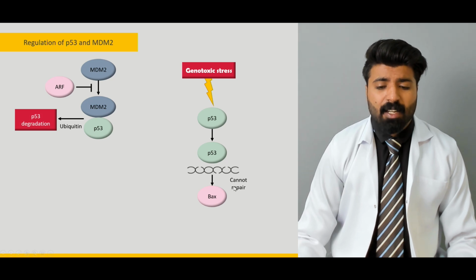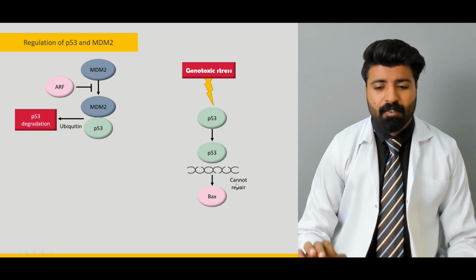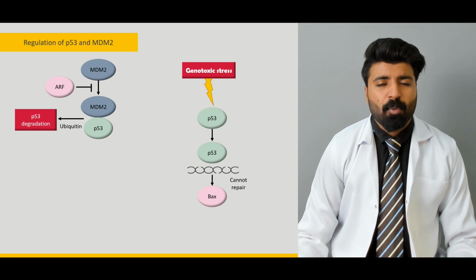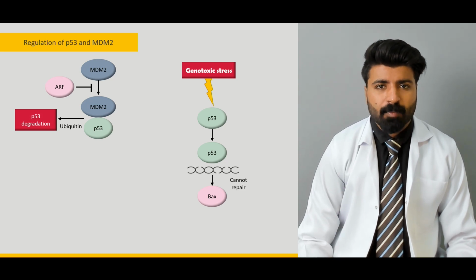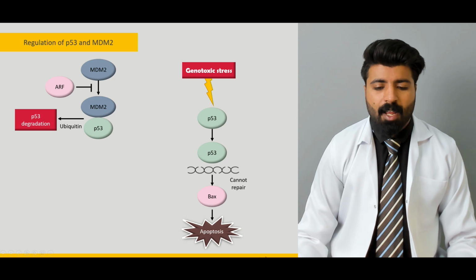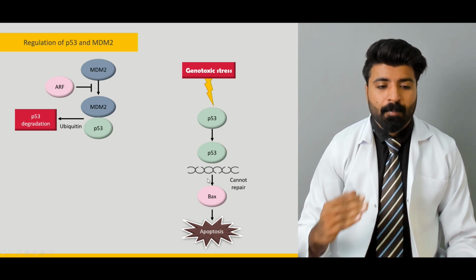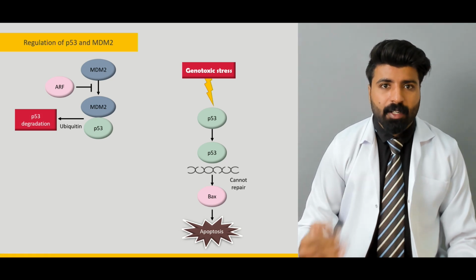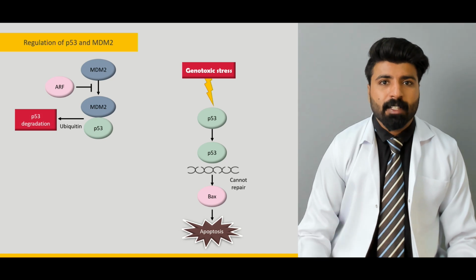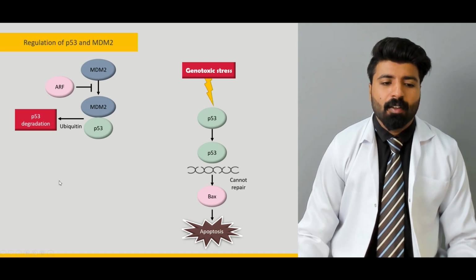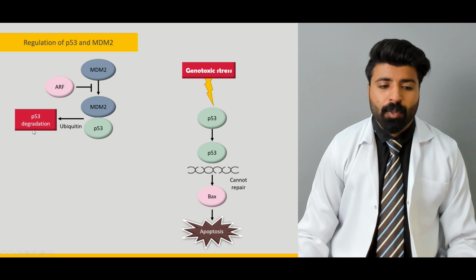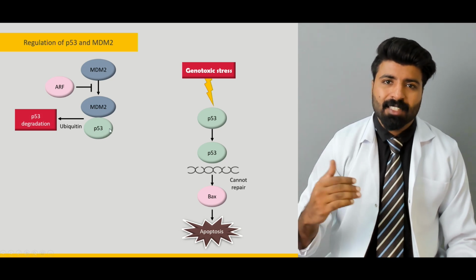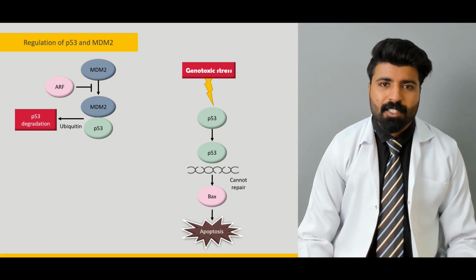And this happens only in those cases in which it's not even possible to repair that kind of damage. And apoptosis will happen. But if there was any chance of it being normalized or corrected, P53 would have corrected it and then would have gone through degradation, and P53 will be reduced and the cell cycle will continue to S stage.